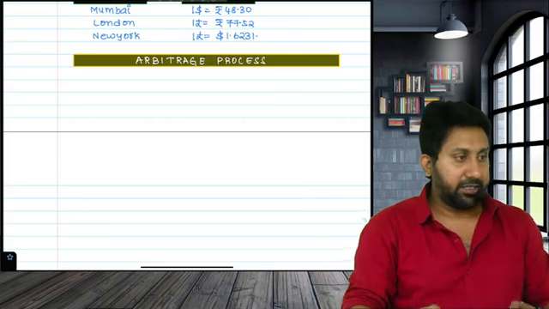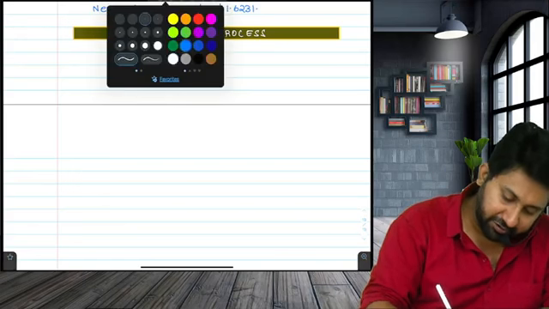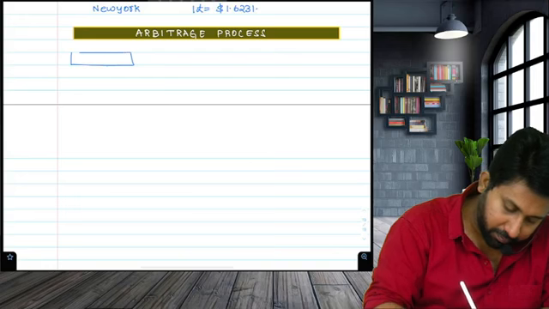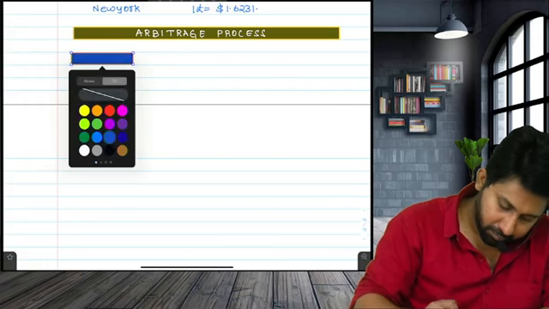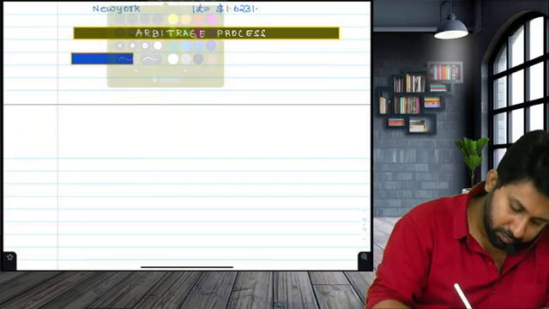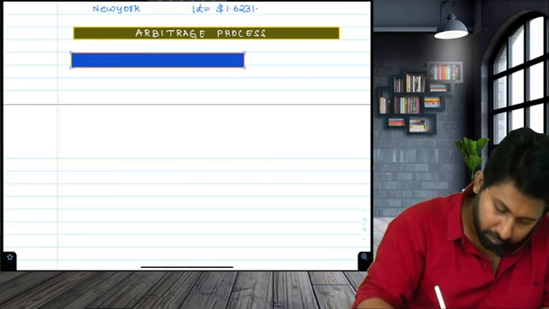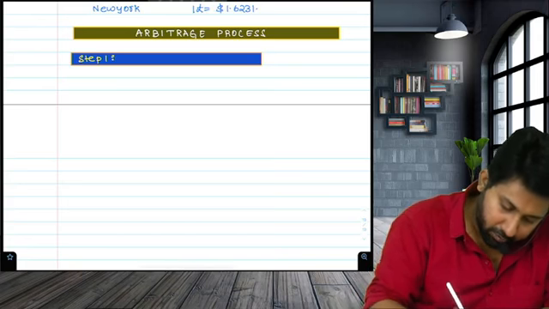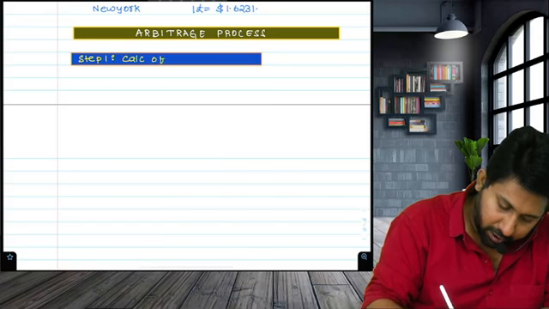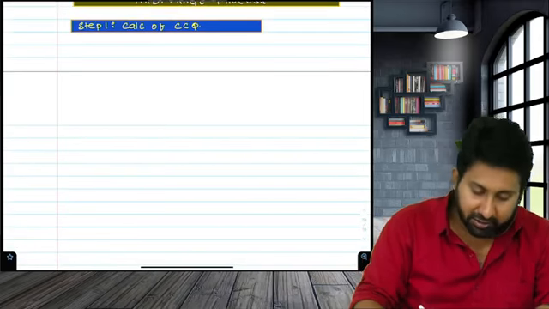How will that be? Let us see. In that arbitrage process, the first and foremost step is the calculation of cross currency quotation.